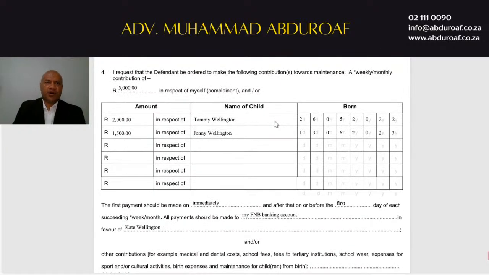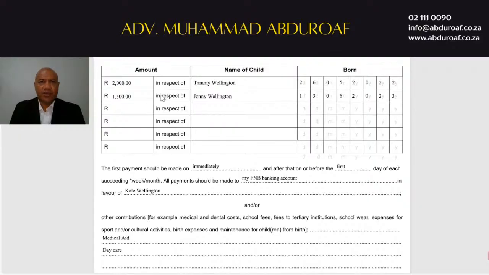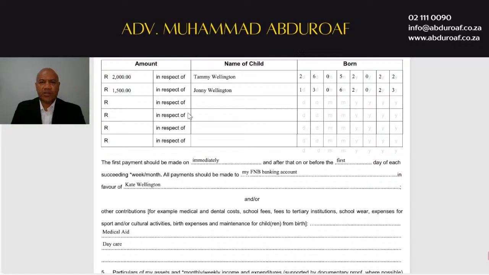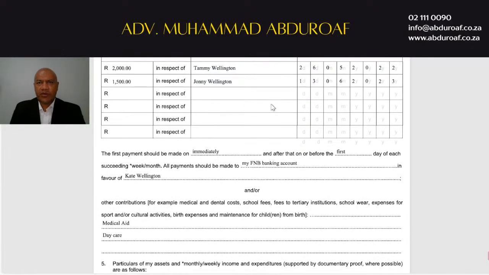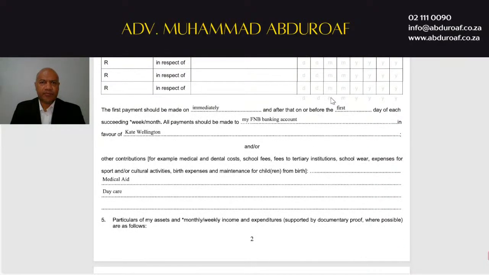And the fourth part, you deal with the amount you are claiming. In this example, the wife and mother is claiming 5,000 Rand for herself and 2,000 and 1,500 Rand for the minor children. You obviously have to insert the details in the section.